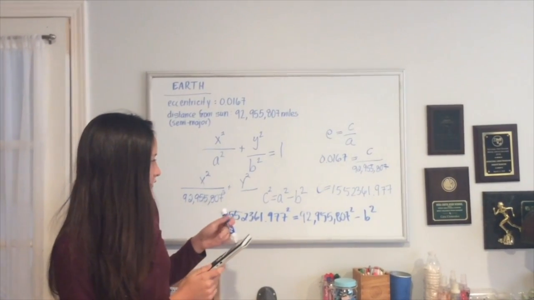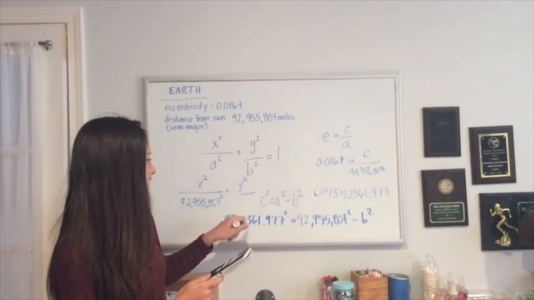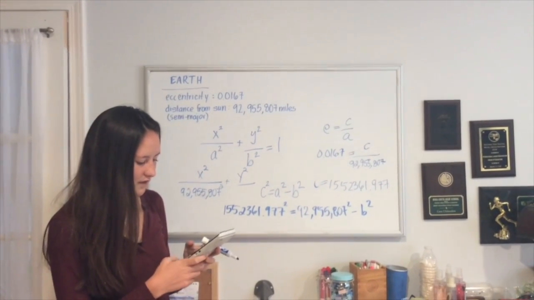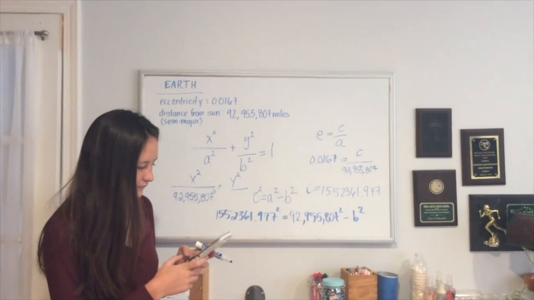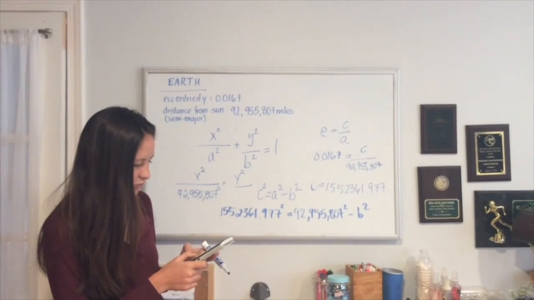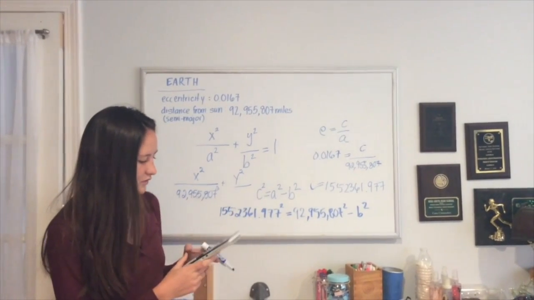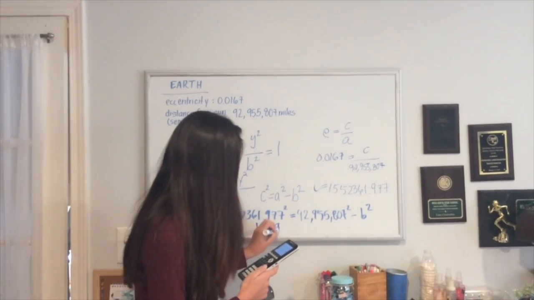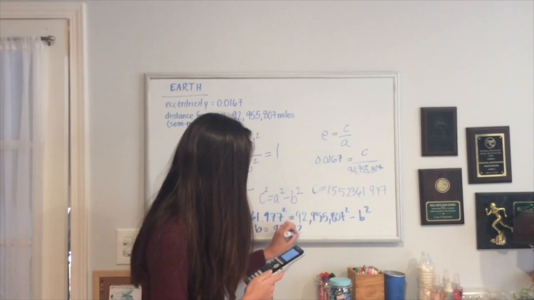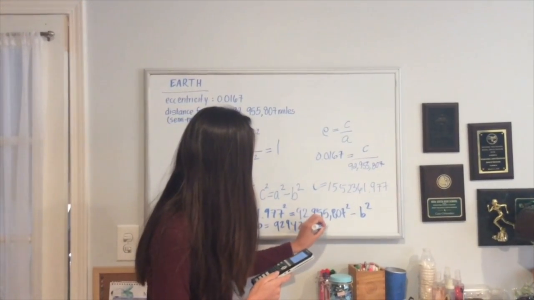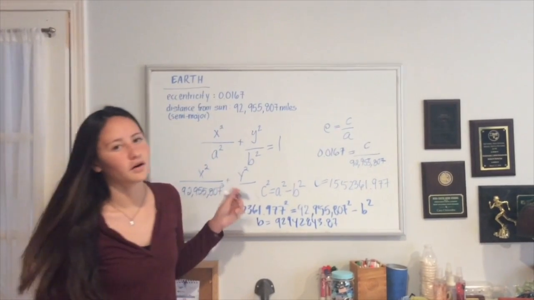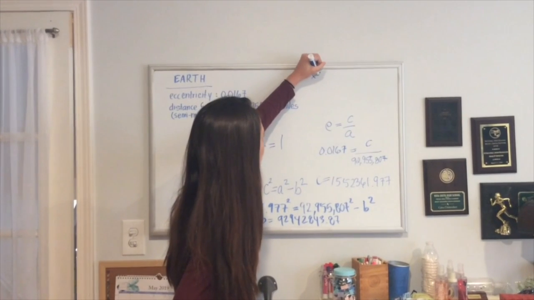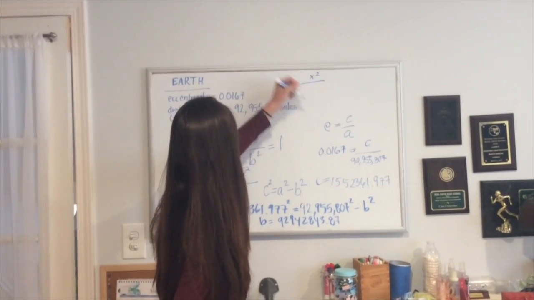And then from there, B can go over to the sides, we're going to subtract our C value from our A value to get this, and then we're going to put our B squared value under the square root, and it's going to come out to equal 92,942,843.87.